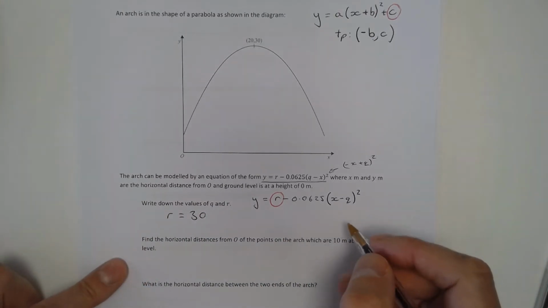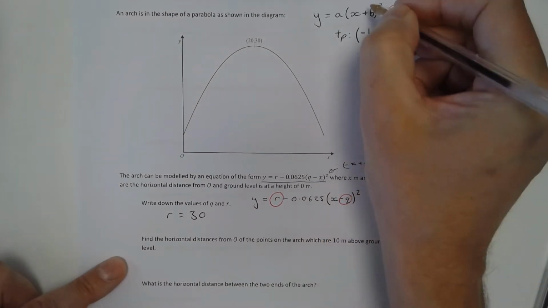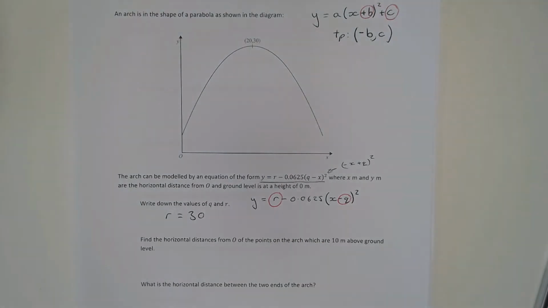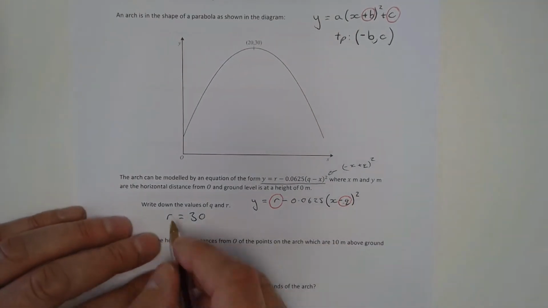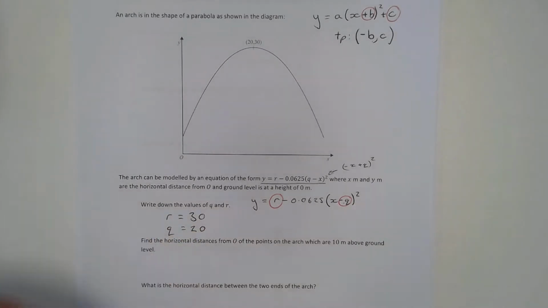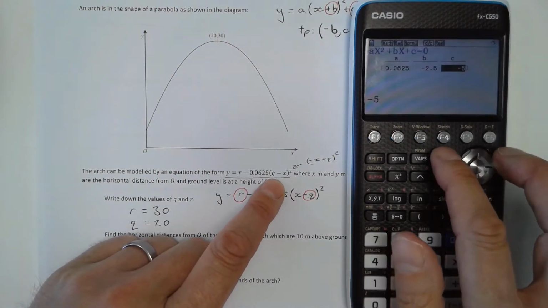Can we also see that this bit here corresponds to this bit here? I've got a minus q there, so my q is going to be 20. Now what I'm going to do at this point is put those two values into that original equation.